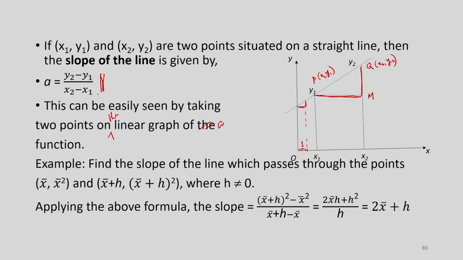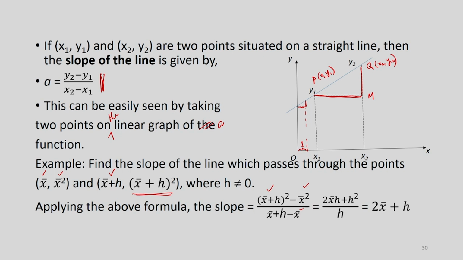This formula is y2 minus y1. Here what is y2? Let us suppose y2 is this one. So, x bar plus h whole square is y2. So, I have written that minus y1 is x bar square, and divided by what is x2? x2 is x bar plus h minus x1 is x bar.